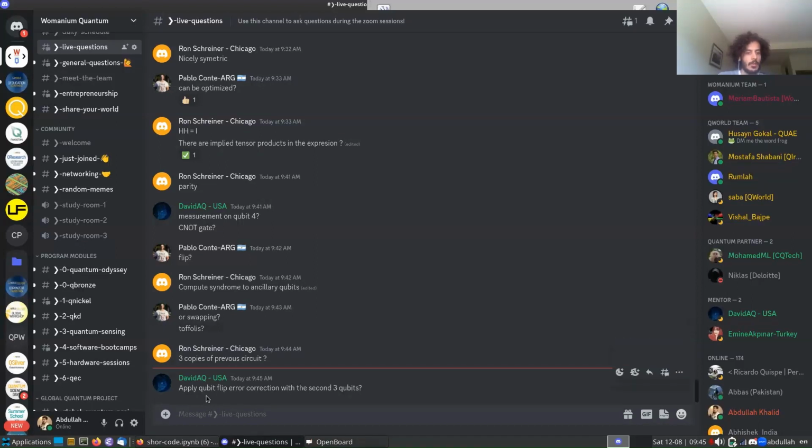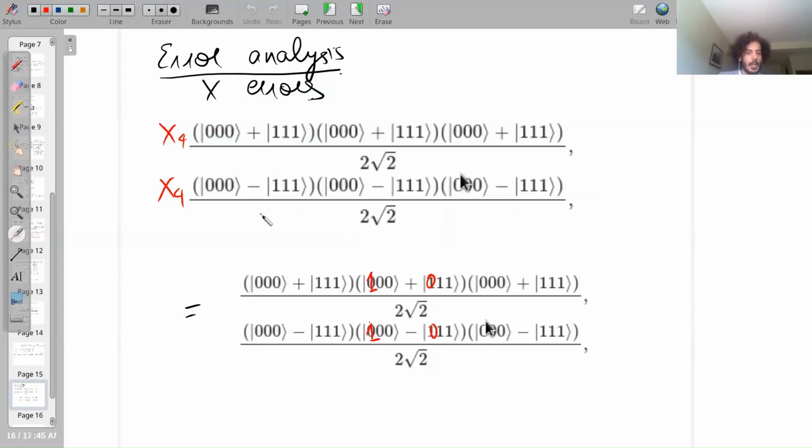As Ron says, we will just apply the quantum repetition code for bit flips circuit 3 times, one to the first 3 qubits, then to the next 3, then to the next 3. And that will tell us where the error has occurred.